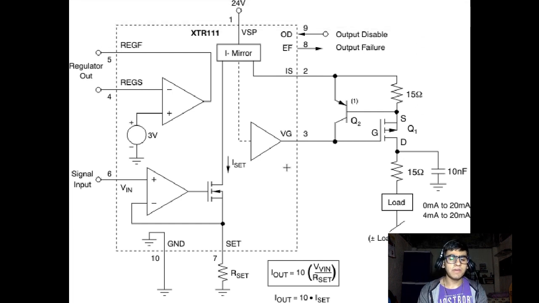Now, one such mass-manufactured IC for V2I conversion is the XTR111. Here in its functional diagram, we can see that it does not use any resistors internally. Instead, it has MOSFETs and an external R set resistor to control the magnitude of I out.